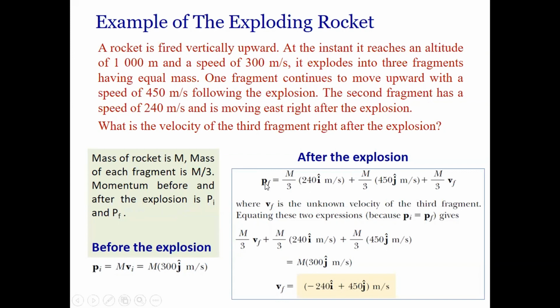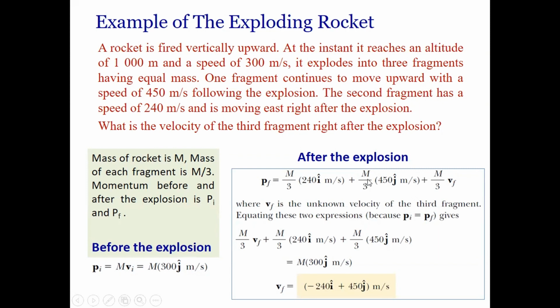Then we have the final momentum, Pf, for the three fragments, and each fragment has mass m divided by 3, the total mass divided by 3, because it is said in the question that it explodes into three fragments having equal mass. The first fragment is moving upward with a speed of 450 meters per second.